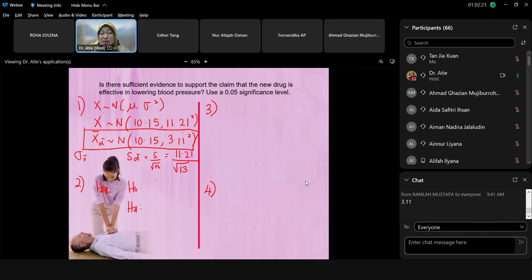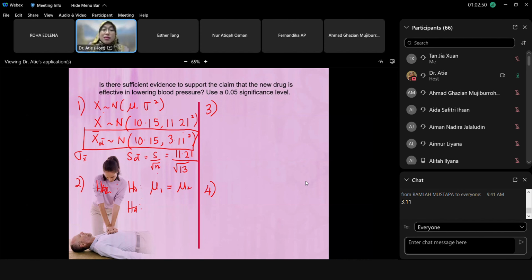So the next one, for the two samples, the hypothesis will be slightly different than what we did in one sample, right? So usually we put it like this. Mean 1 is equal to mean 2, right? So it means that treatment 1 is equal to treatment number 2.